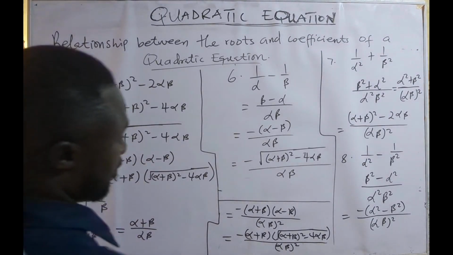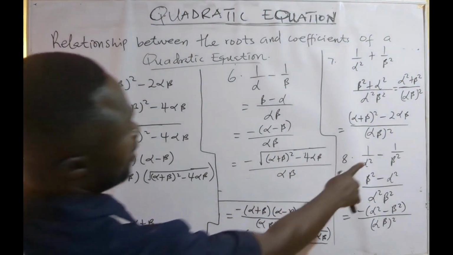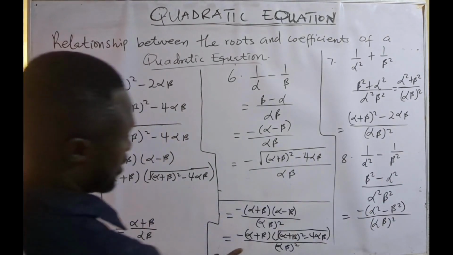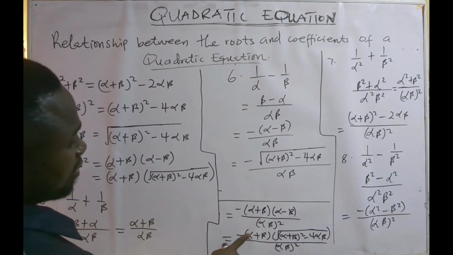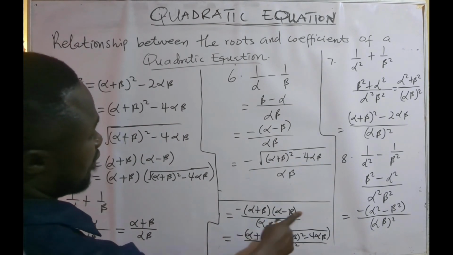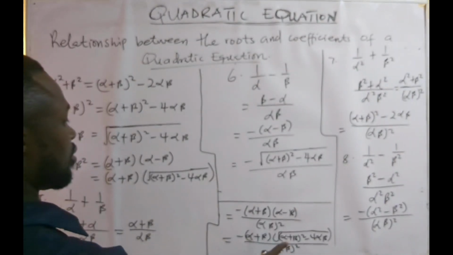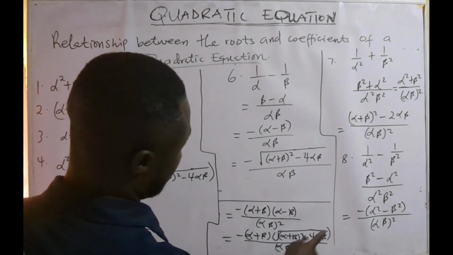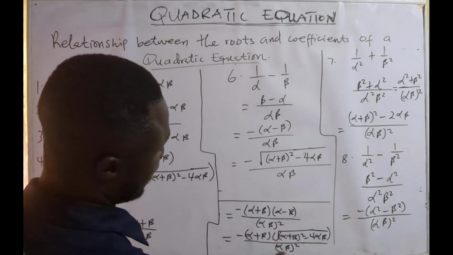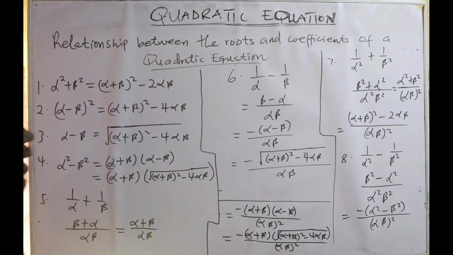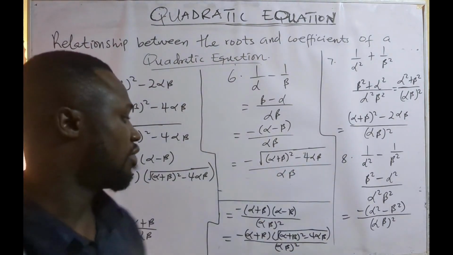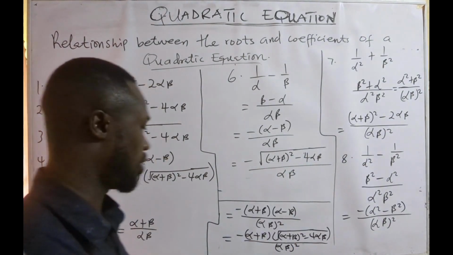So 1 over alpha squared minus 1 over beta squared is going to give us this: minus alpha plus beta, alpha minus beta. That is minus alpha plus beta, and alpha minus beta is square root of alpha plus beta all squared minus 4 alpha beta, all over alpha beta all squared. So that is what we have for 1 over alpha squared and then 1 over beta squared.